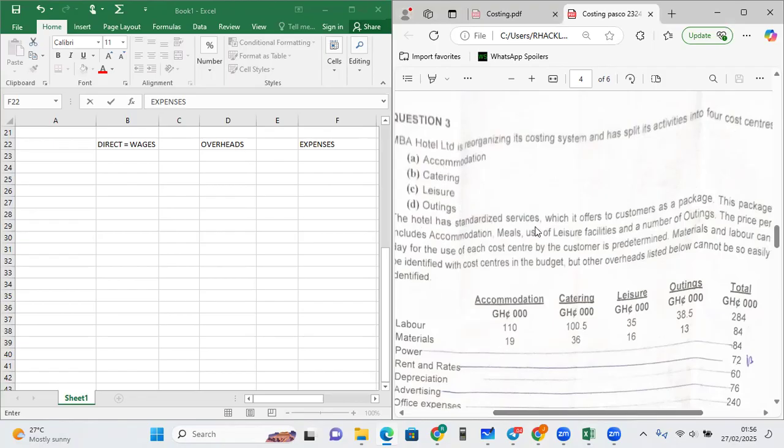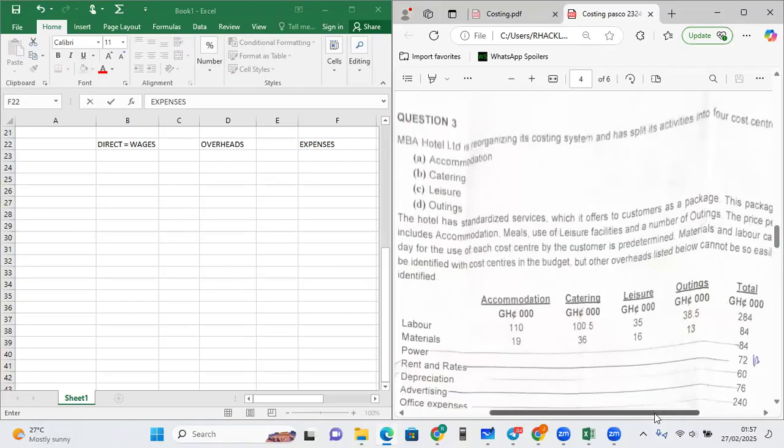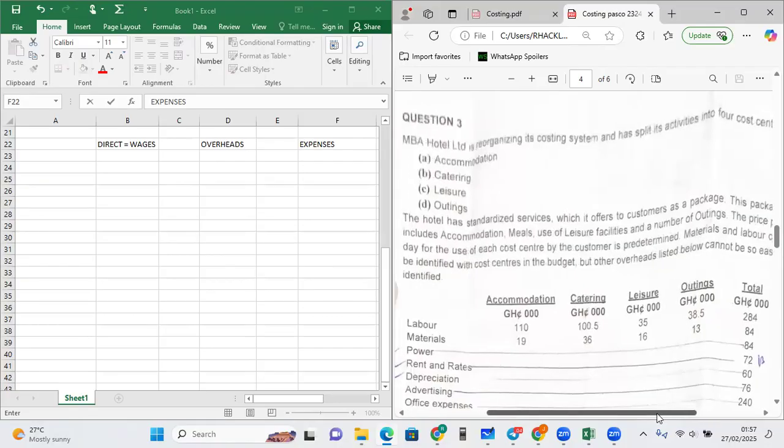The hotel has standardized service which it offers to customers as packages. The package includes accommodation, meals, use of leisure facilities, and a number of outings.